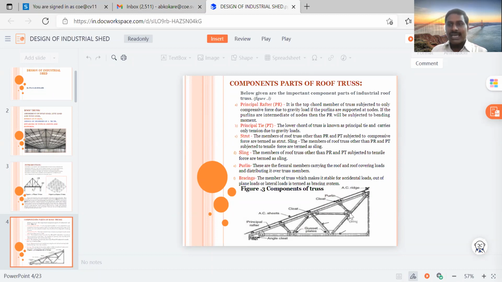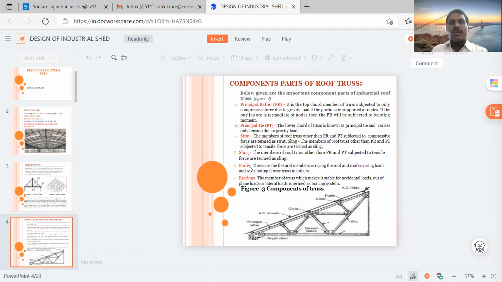It means other than principal rafter and principal tie, whatever inclined member in the roof truss, we are calling as a sling, or an inclined member also. And that inclined member is subjected to tensile force.